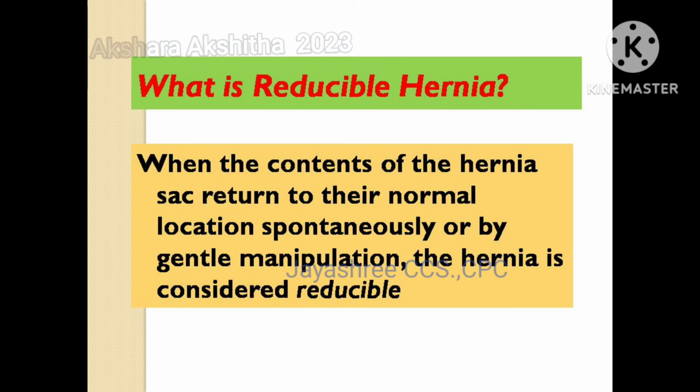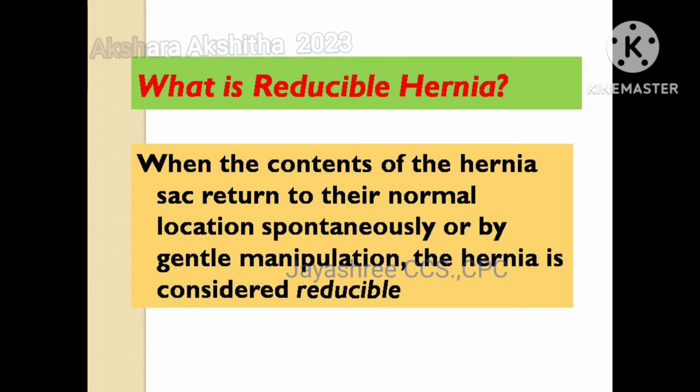When can we consider a reducible hernia, and when an incarcerated hernia? The doctor may directly report the word reducible or incarcerated or strangulated. If not, we have to identify from the meaning of these terms.